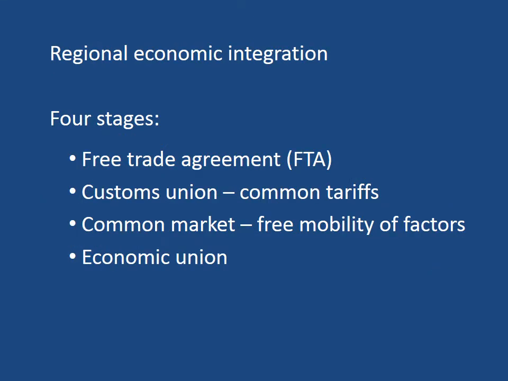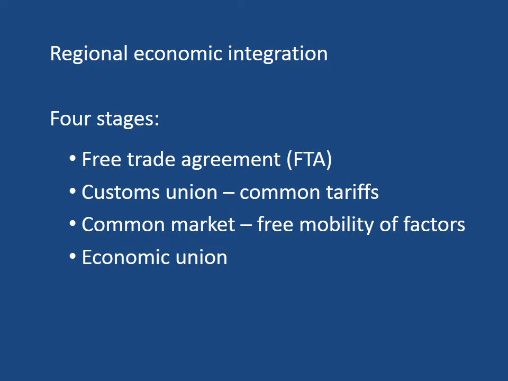With regional economic integration, several countries within a region work toward eliminating all barriers to trade and business within the area. There are 4 stages of this process. It starts with a free trade agreement, in which countries agree to trade freely with each other.